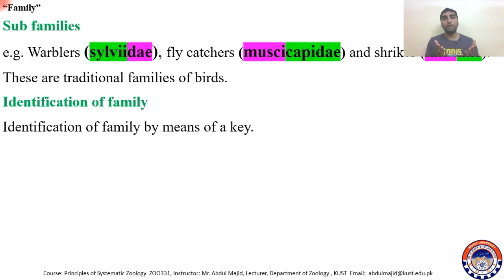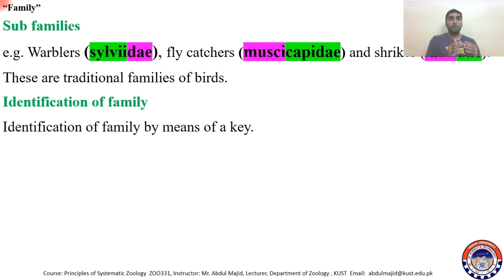You open the key and observe the fish, and go through the characteristics. If these characteristics are present, this fish belongs to this family, and if those features are there, it belongs to that one. For example, if whiskers are present, you say this belongs to the catfish family, Siluriformes, or many other families of fishes.